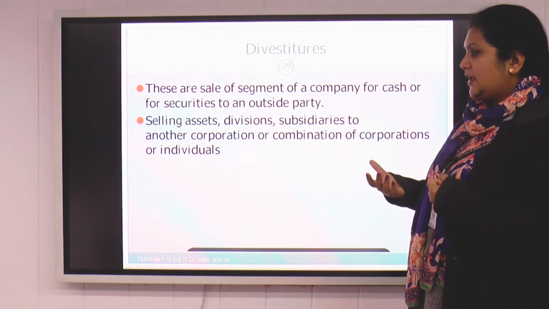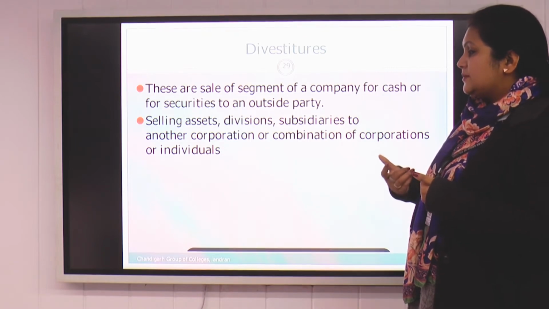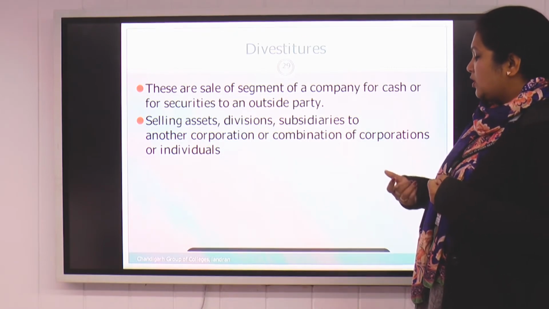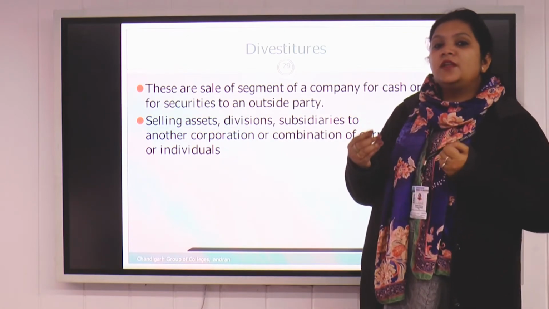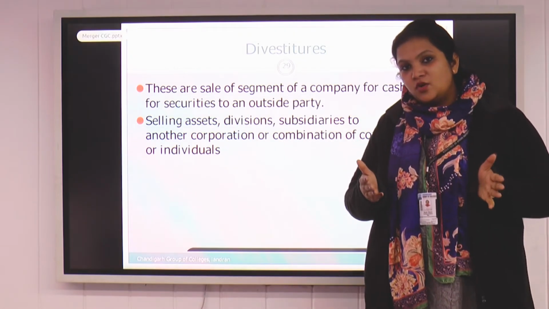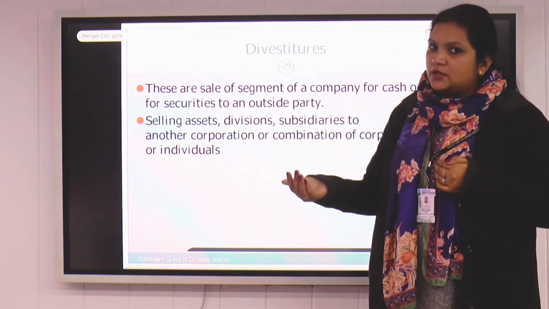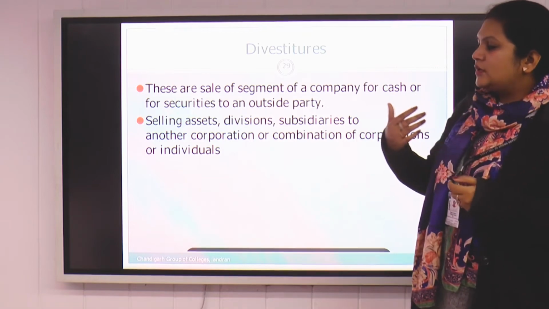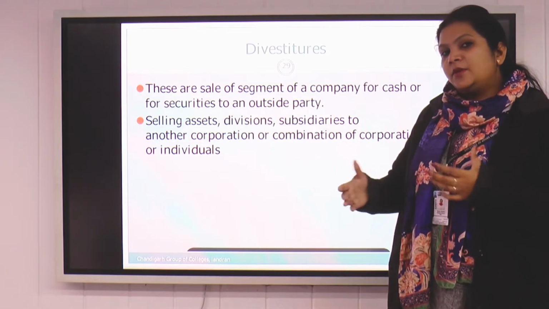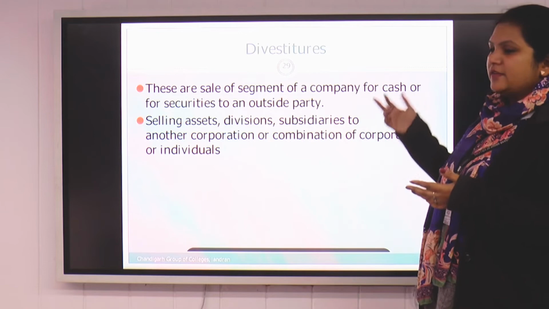Selling assets, divisions, subsidiaries to another corporation or combination of corporations or individuals. Divestiture is when you sell one segment of the company either to another company, or to a group of corporations, or to another person. That is divestitures.